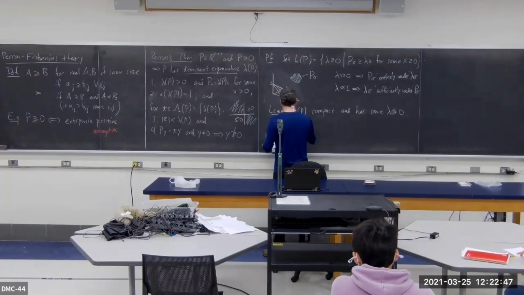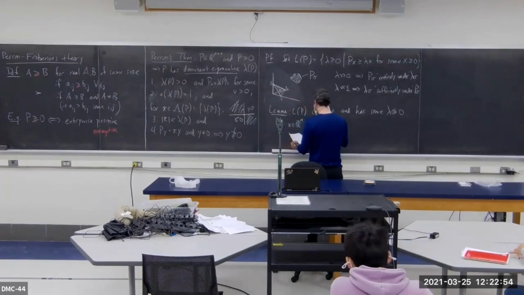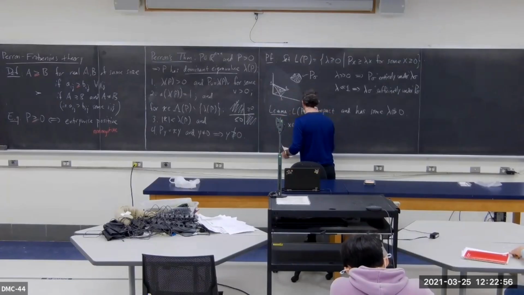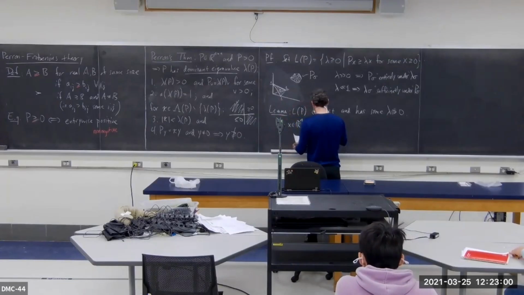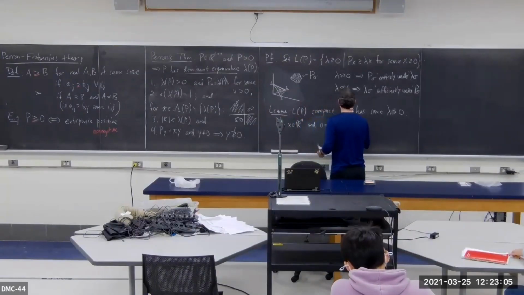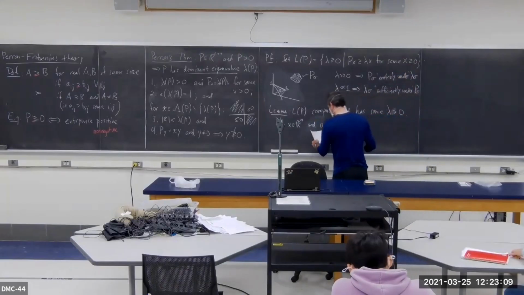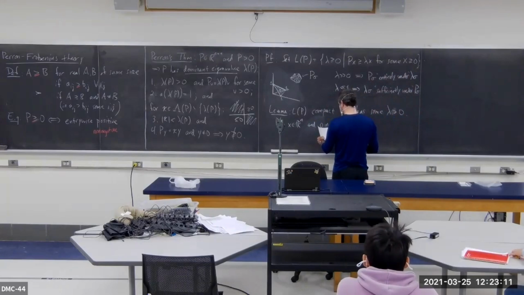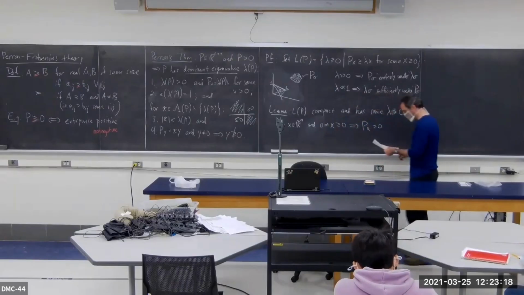So if we have x in R^n, and if I know that x is not 0, and x is greater than or equal to 0, that's the condition that I'm looking at over here, then what can you tell me about Px? I claim that Px is strictly positive.